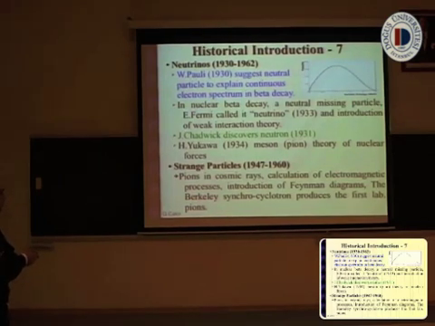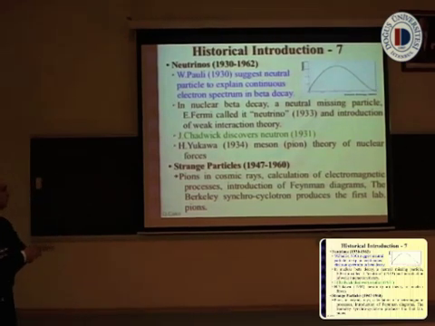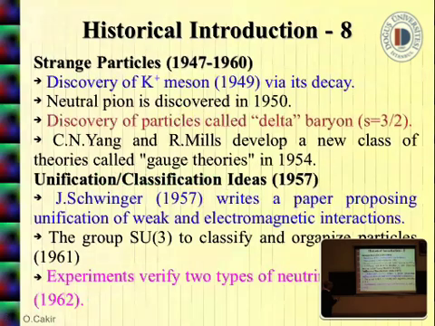The discovery of the strange particles lies in 1947 to the 1960s. Strange particles, for example the K meson, were discovered in 1949 via its decay.